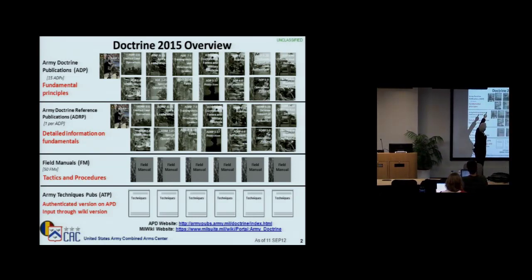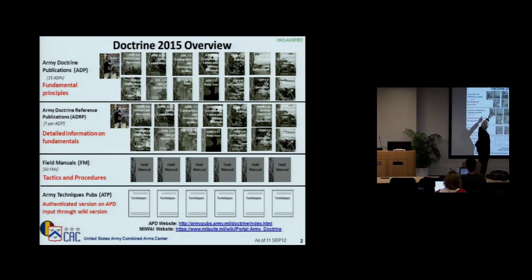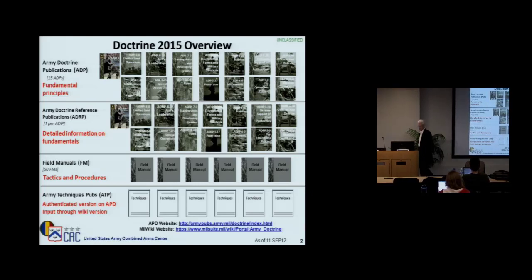So there is Army Doctrine Publication number 1, which is just called The Army. And then there is Army Doctrine Publication 3-0, which is Unified Land Operations. Army Doctrine Publication 2-0, which is Intelligence. Army Doctrine Publication 3-05, which is called Special Operations, and so forth.